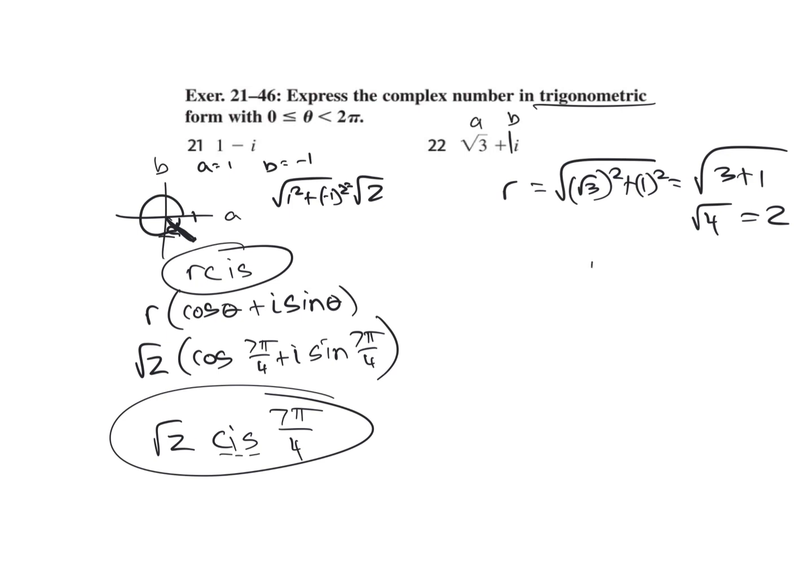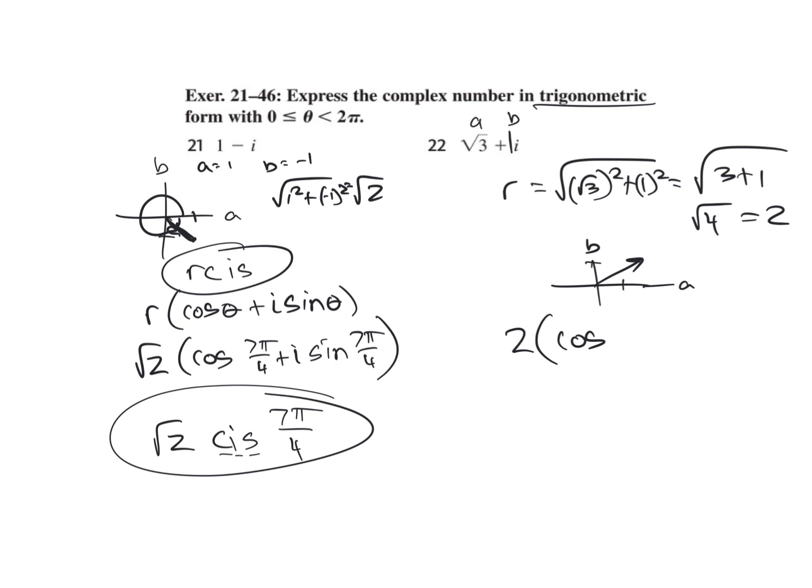So where is that on the unit circle? A is the square root of 3, it's positive, b is 1. So you have about 1.7 for square root of 3, and 1. So here is the vector that you would get if this was in component form. So 2 is what we have there.